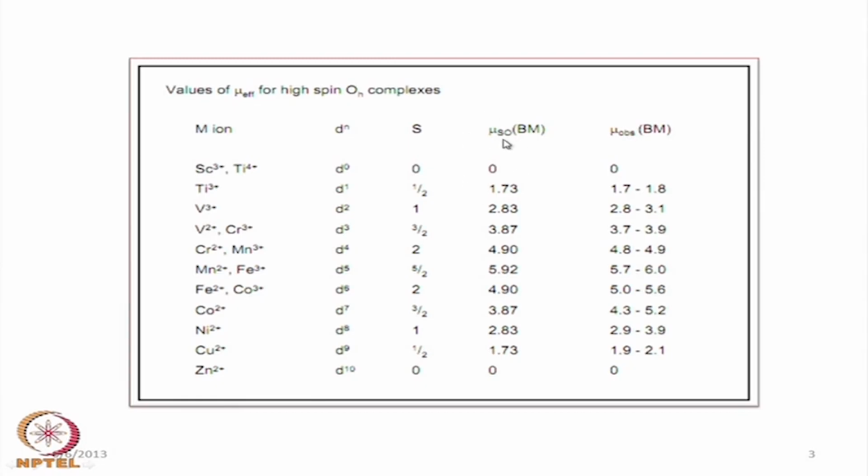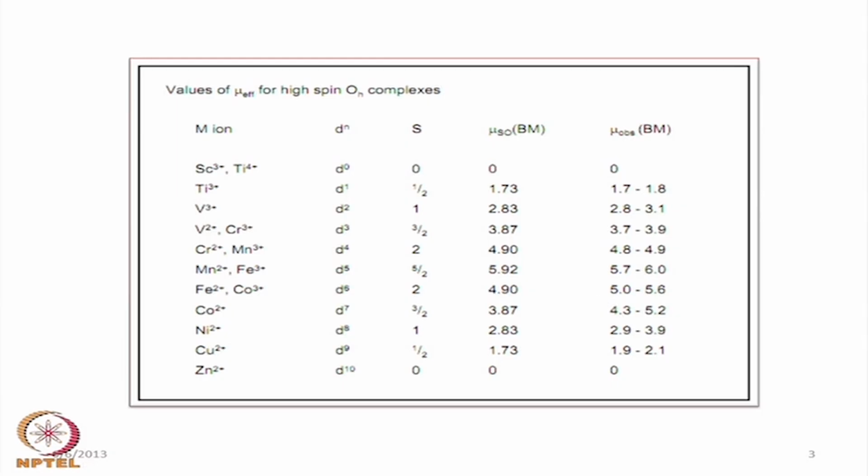Then we can calculate the corresponding mu J values and mu L plus S. Those can tell us that mu S is not sufficient for explaining the mu experimental or mu observed values, but mu L plus S can identify the corresponding increase in the magnetic moment values beyond the spin only values.